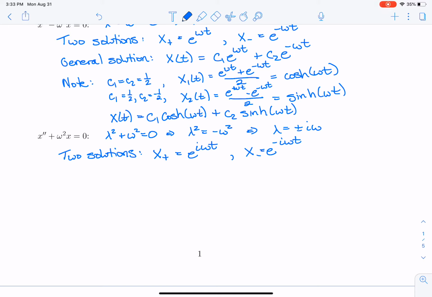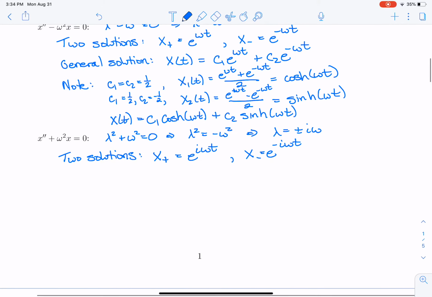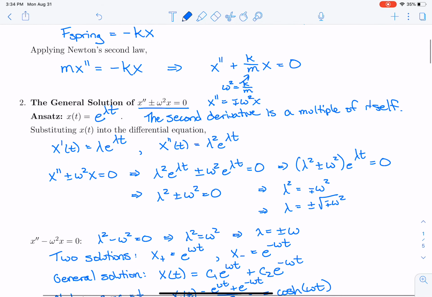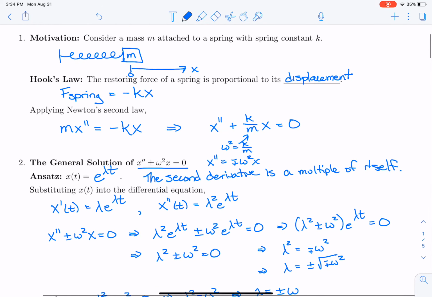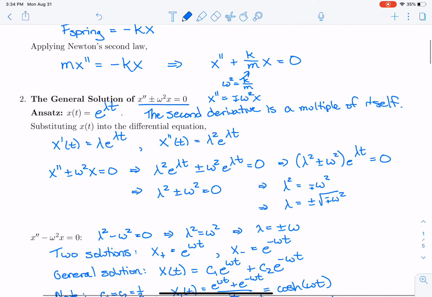And so how can a problem that has a real application, this is the problem that we had before from the mass spring system, where we have a spring that's oscillating, where we've let k over m be omega squared, how can that problem that describes a real physical phenomenon have a solution that involves imaginary numbers?